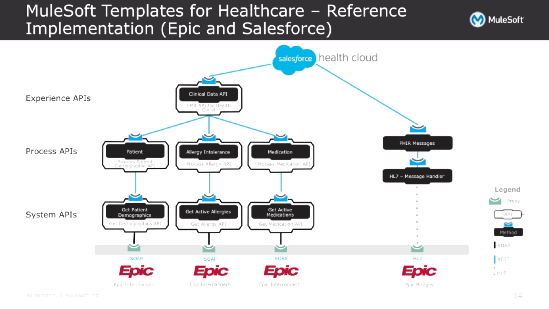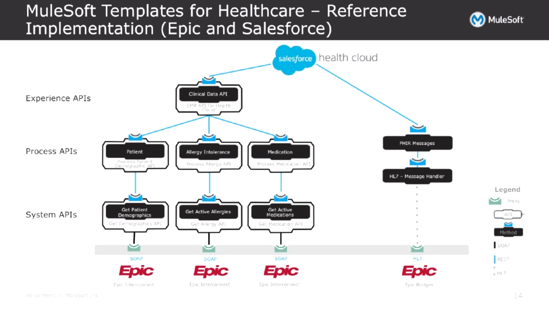Once they are converted into the individual FHIR resources, there is an experience API that has been created specifically for Health Cloud, which accepts requests in a batch or a single patient format, aggregates all the FHIR resources that are required for populating the Health Cloud instance, and populates it with that data from the Epic instance.